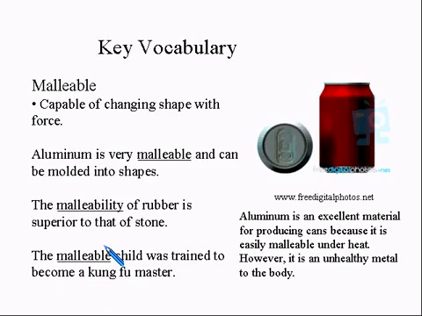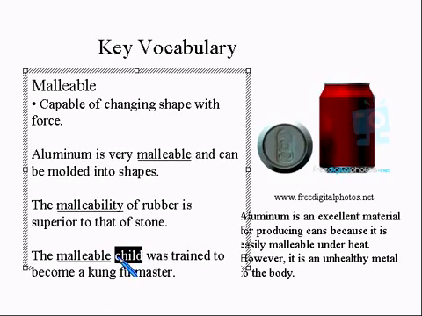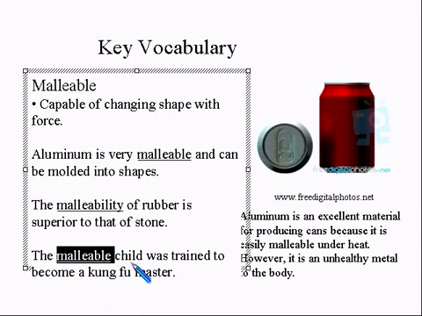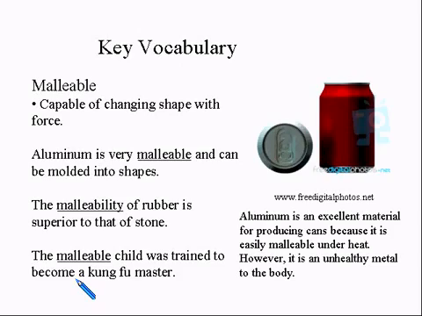If the child can be taught or changed in any way easily, he or she is more malleable than someone who cannot be taught easily. Now, aluminum is an excellent material for producing cans because it is easily malleable under heat. However, it is an unhealthy metal for the body. And that's true with any food that is packaged with aluminum.